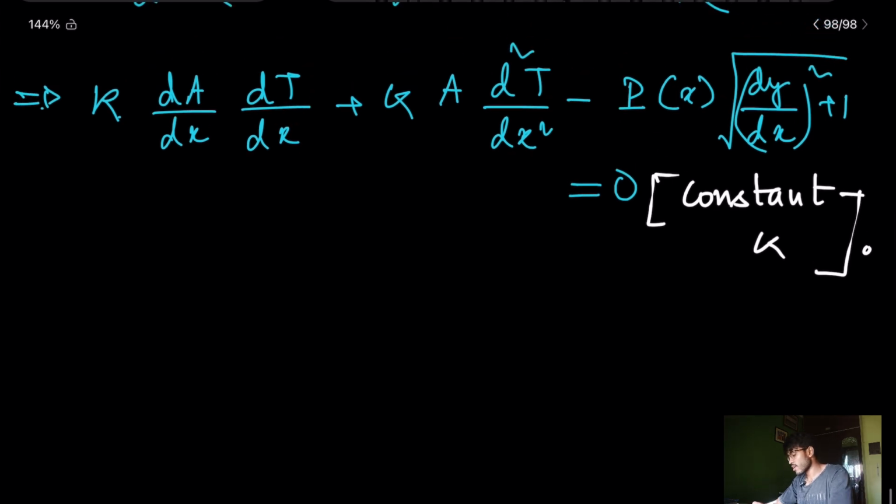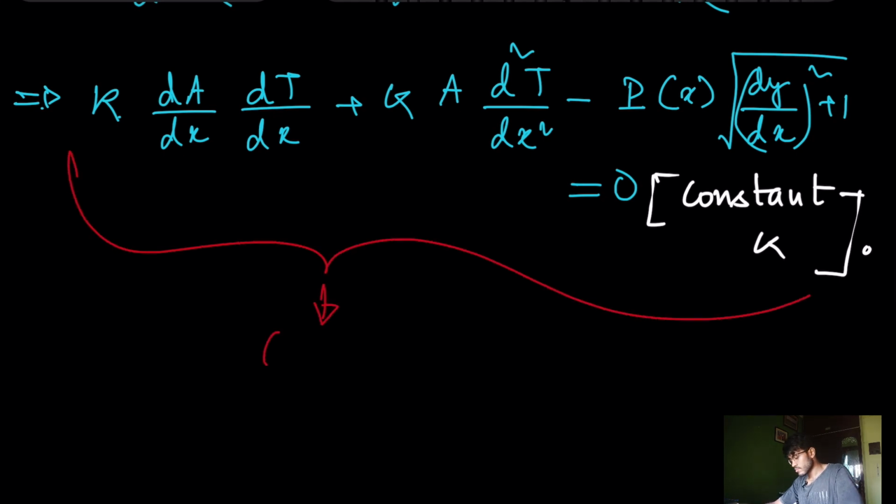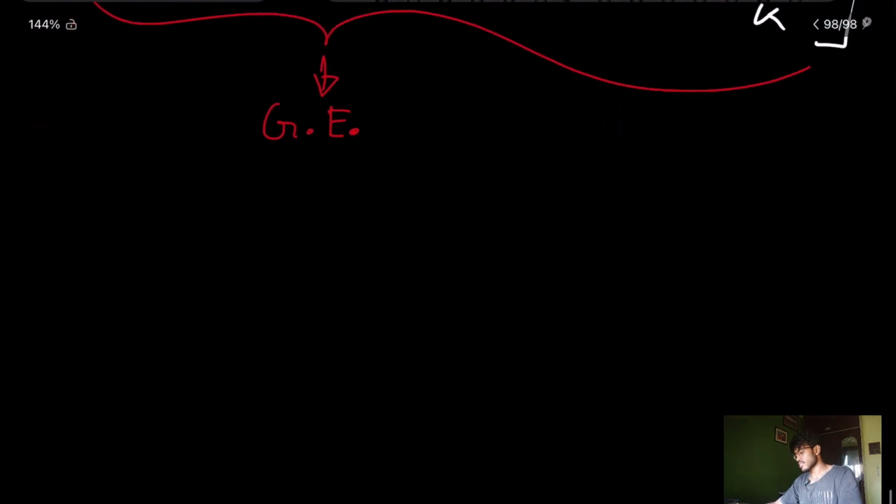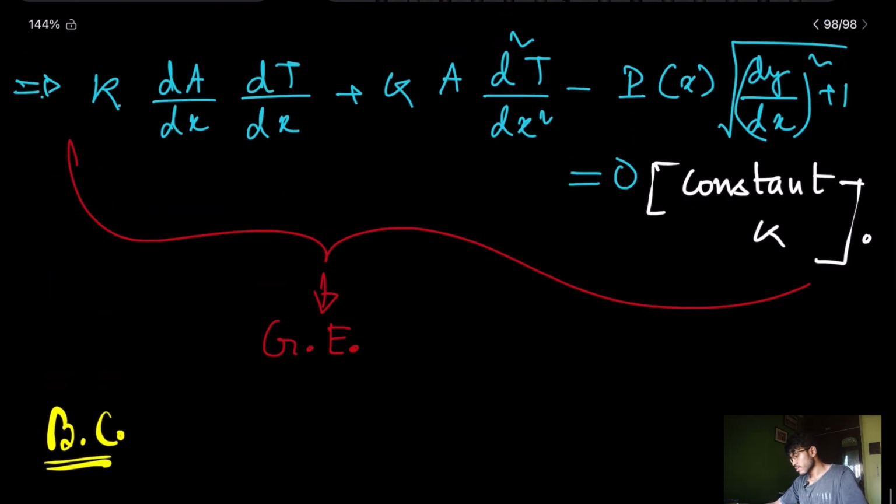Now this is the governing equation that we are having. So what is the next step? The boundary conditions, right? Now what will be the boundary condition?